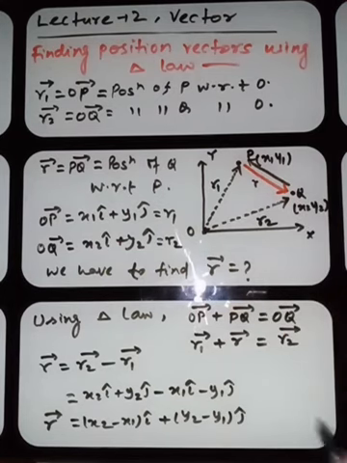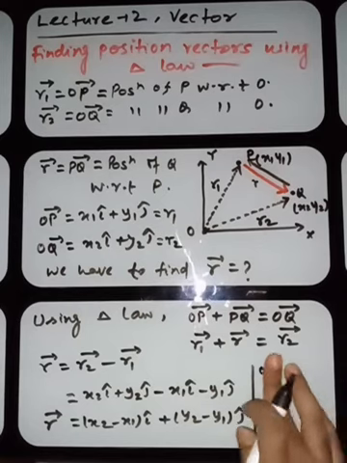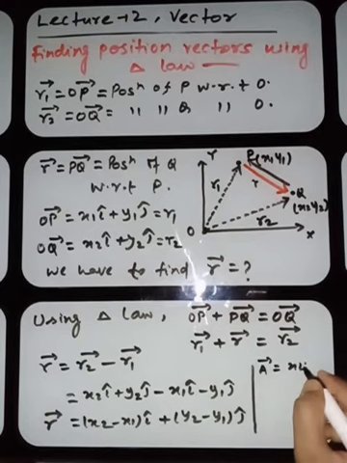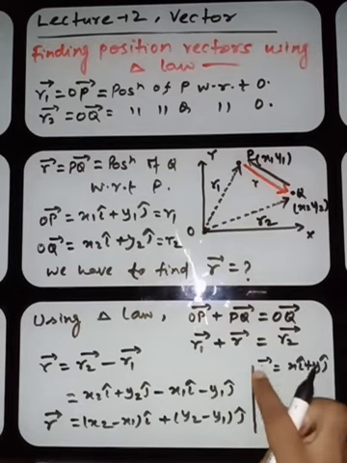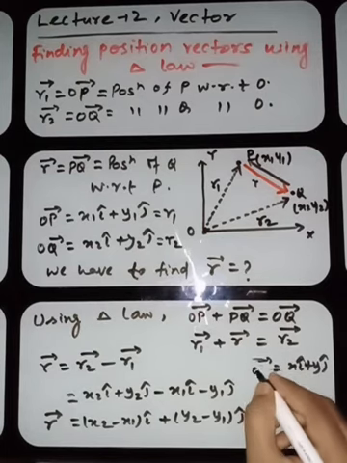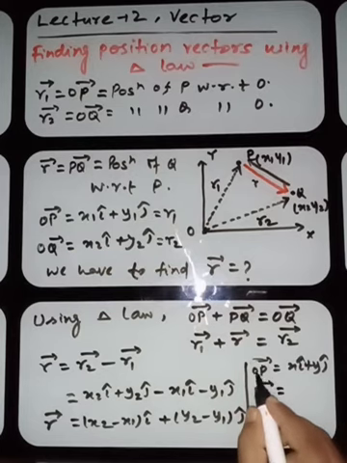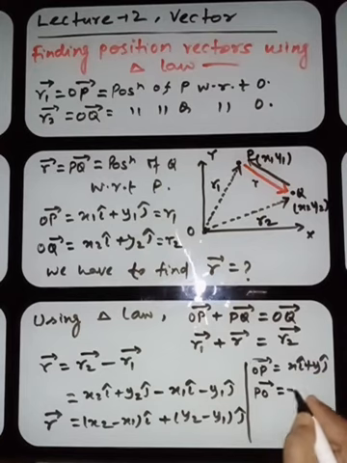One thing also to remember: if any vector OP or any vector A is given as xi plus yj, then if this is OP, PO will be the inverse and opposite, that is minus xi minus yj.